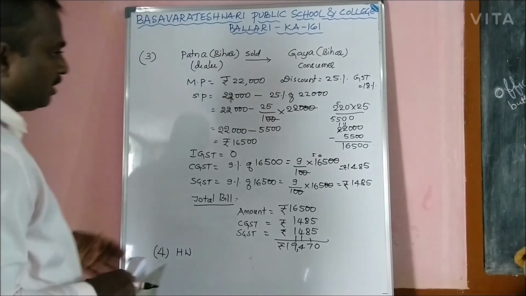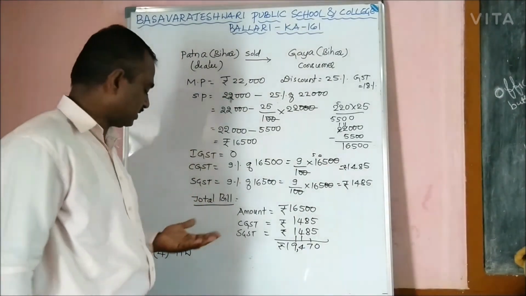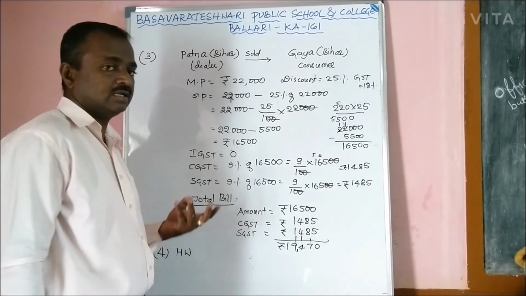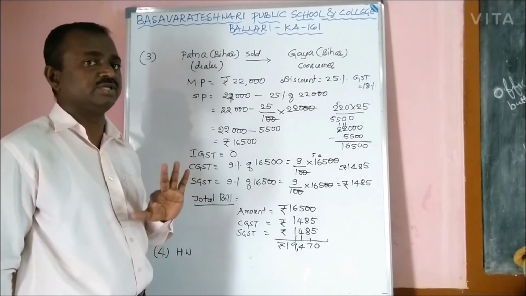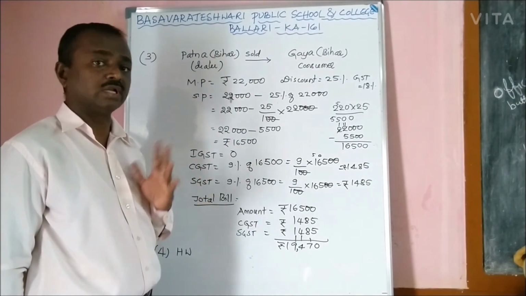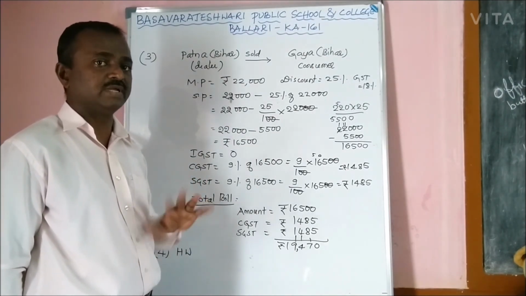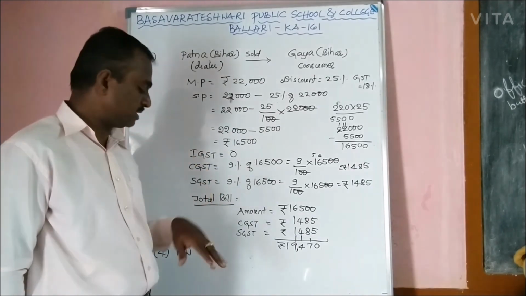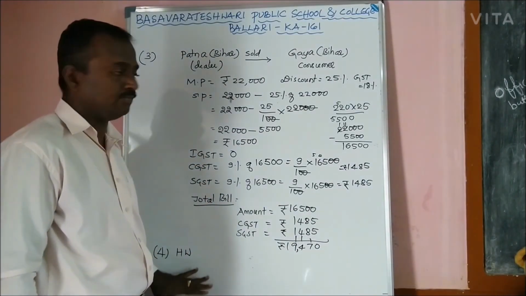One thing you have to remember: if it is a state to state transaction, IGST will come into the picture, but CGST and SGST will be 0, and you have to find the total bill. So the total bill is the selling price plus IGST.